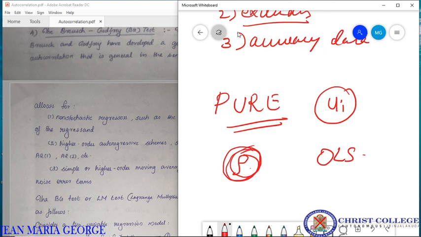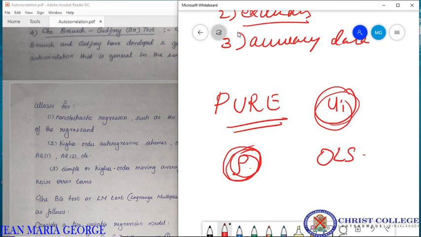Then we can solve the autocorrelation, because the problem is with the error term. So we transform the equation with respect to the value of rho and rerun the OLS estimation. This is the remedy if the autocorrelation is due to misspecification of the error term.